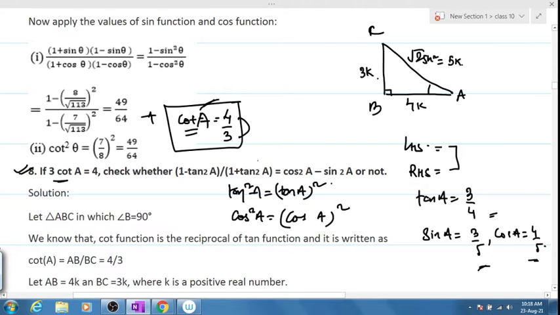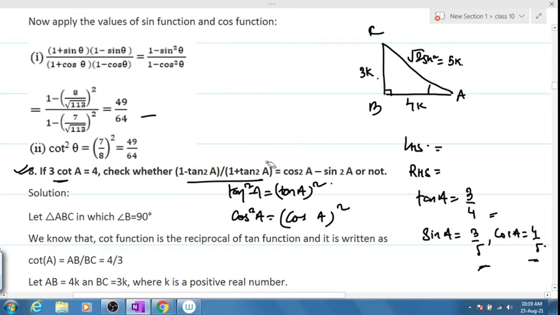Now, can anybody tell me what is the value for LHS out here? Tell me the value for LHS, that is 1 minus tan square A divided by 1 plus tan square A, and make sure you have drawn this figure also. What is the value for this LHS quantity?